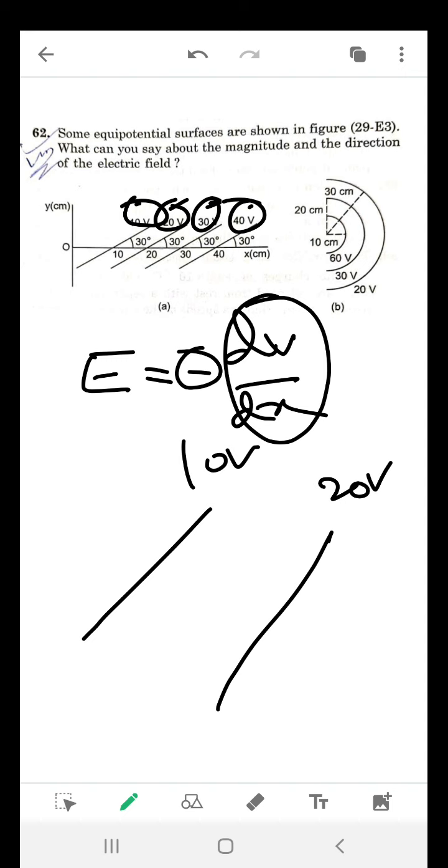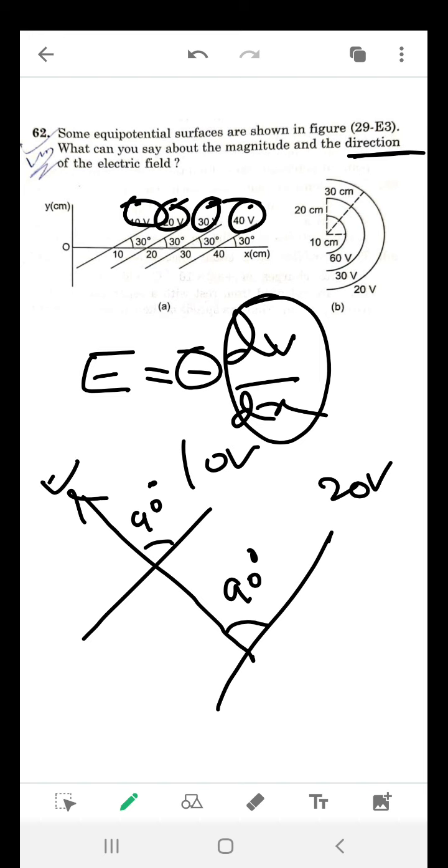So if you have to draw the electric lines of force, the question is the direction has to be identified. So you draw the electric field lines like this. That means they will be perpendicular to the equipotential surfaces, this angle will be 90 degrees, so the direction of the electric field is along the direction perpendicular to the equipotential surfaces. So direction identified, in a very simple manner.